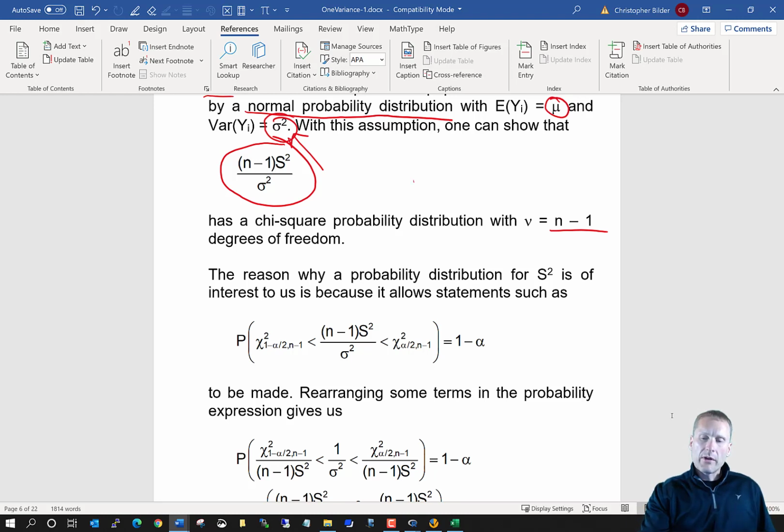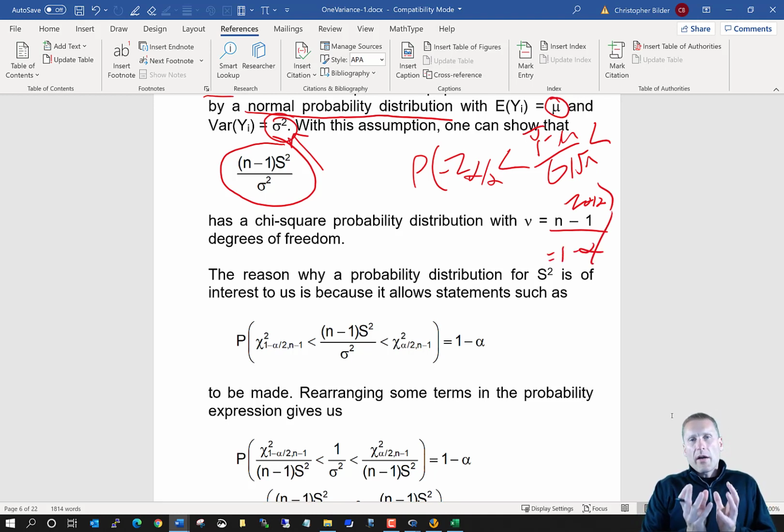So when we were working with the mean, the first thing that we did was something like this. Sorry, I'm kind of running out of space here. We took this quantity that was dependent upon y bar.